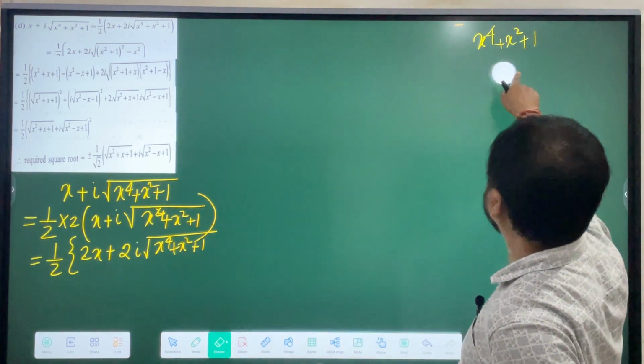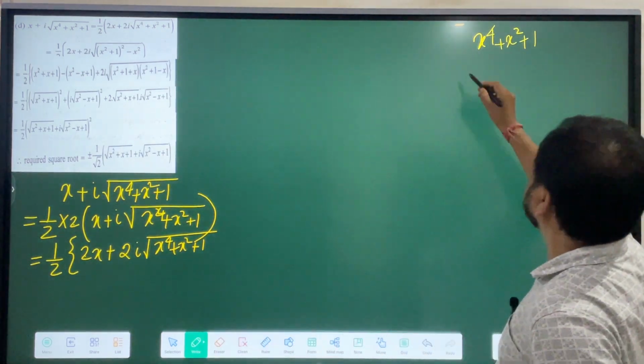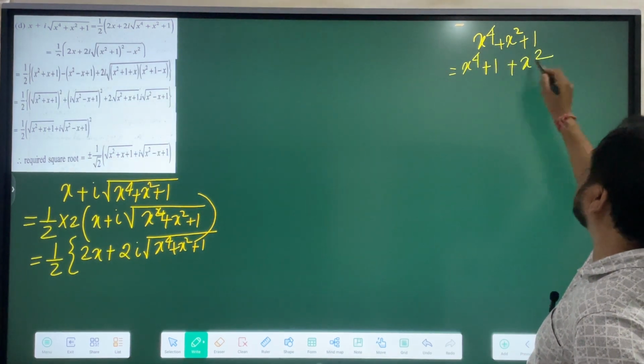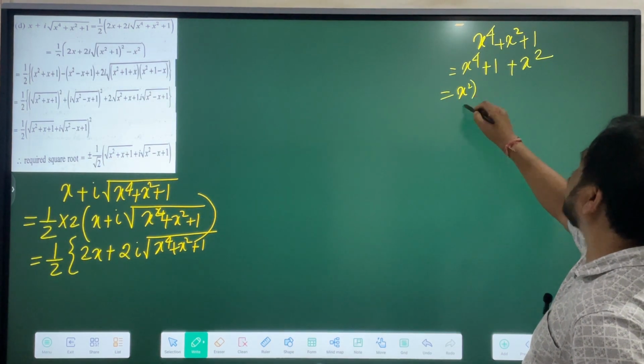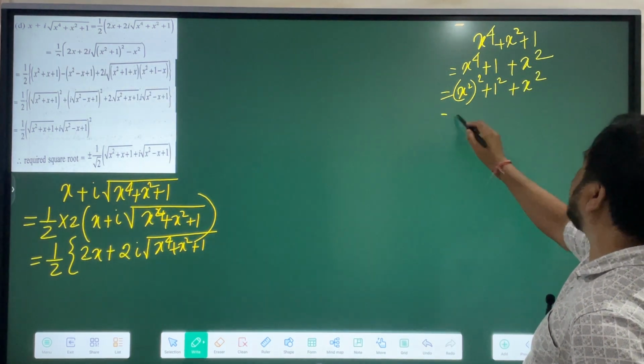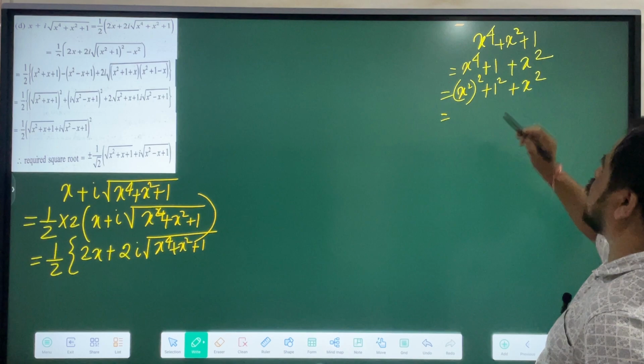This will be little harder. (x square) square plus 1 square plus x square.